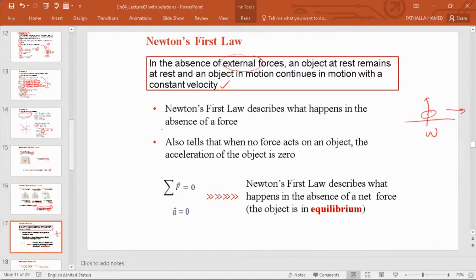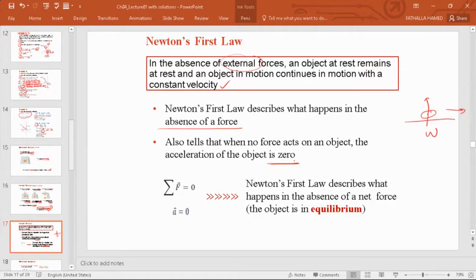And when we say here the absence of force, that means something that is applied on it. So when no forces act on the object, the acceleration will be 0. So if the object is at rest, the object is not going to move. Remember what we did when we talked about kinematics. We start from position. If you want to move, you have to have velocity.